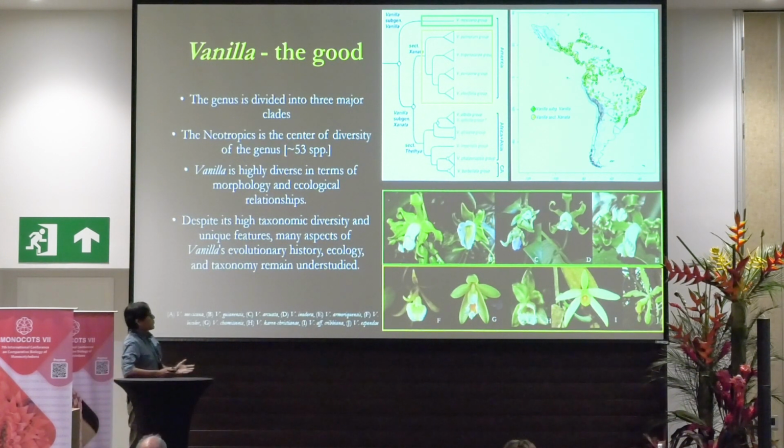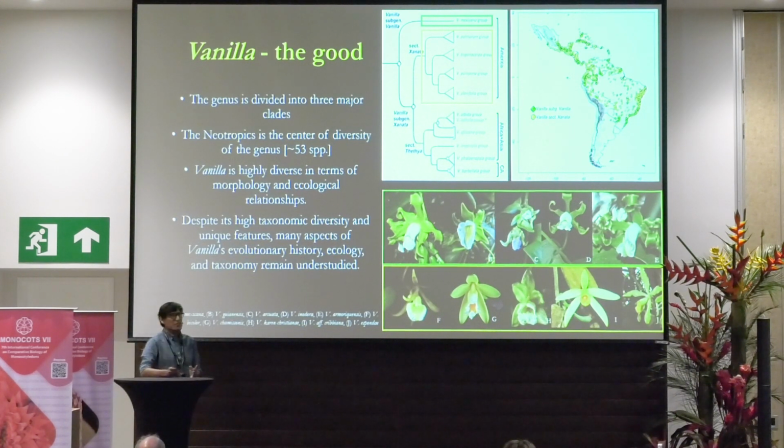Subgenus Vanilla, which is the one in green here, and is mainly neotropical. The subgenus Xanata, section Xanata, which is in orange in these figures, and is also neotropical. And the Vanilla subgenus Xanata, section Tethya, which is mainly paleotropical, with some species that migrated or dispersed to the Caribbean.